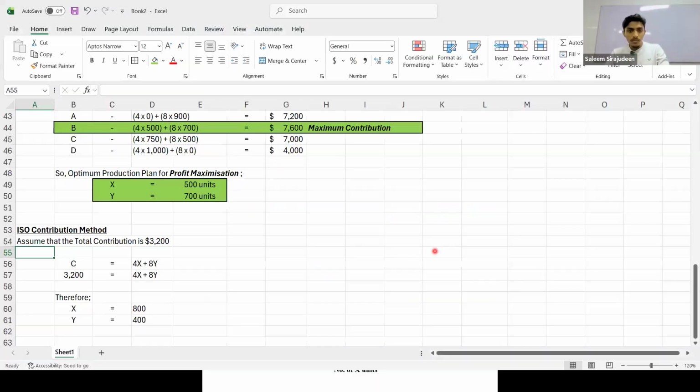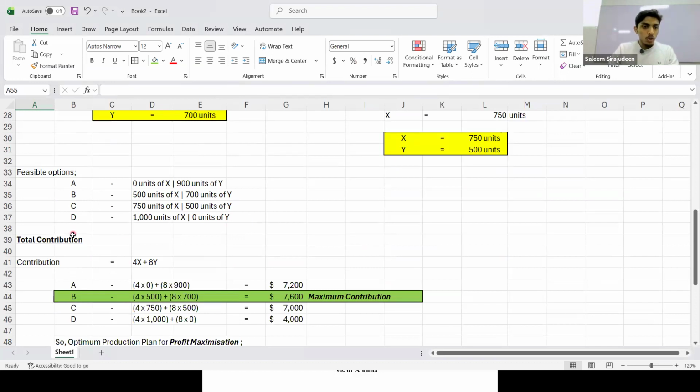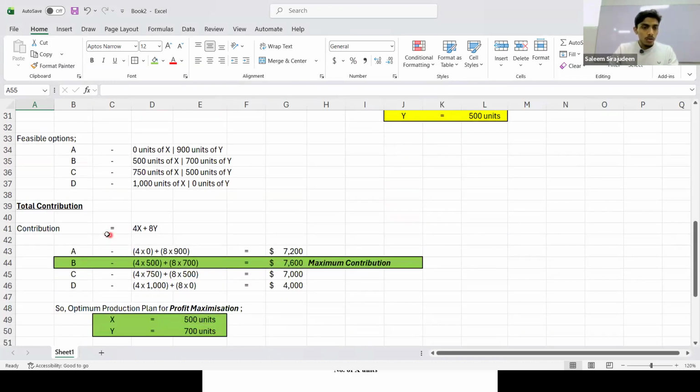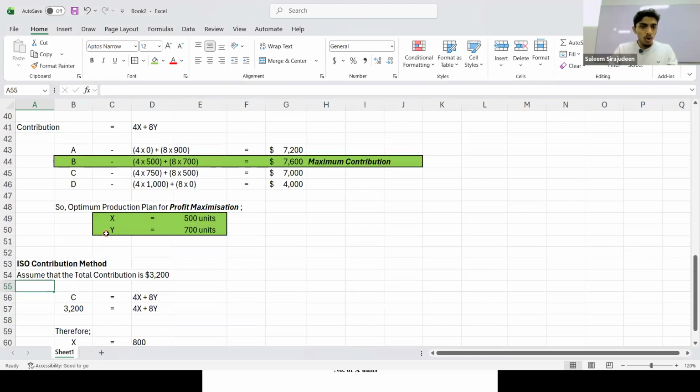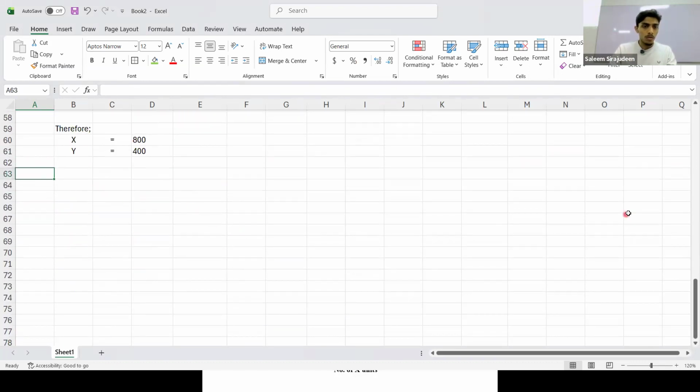Right. Cost formula. Okay. So total cost equals... Now tell me, in order to produce 1 unit of X, how much is the cost? $10.